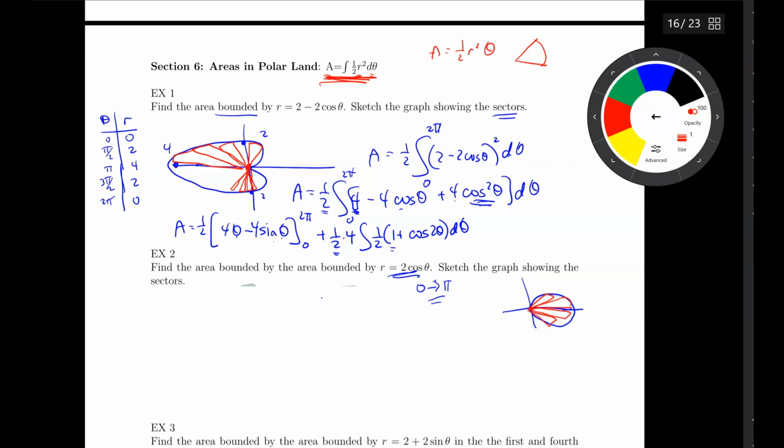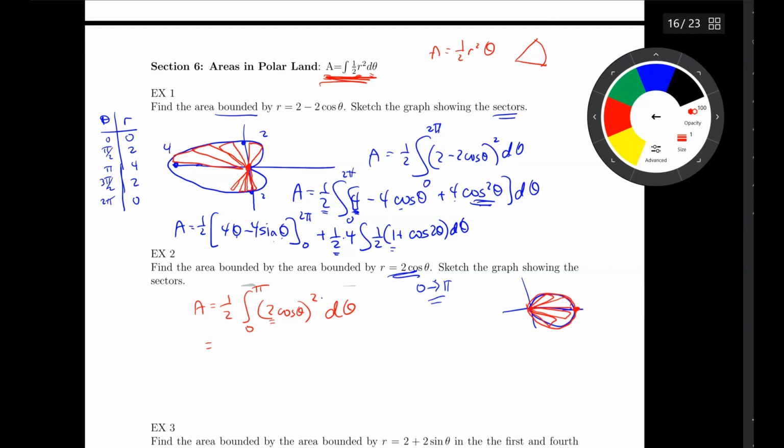So let's be smart about this. So area is 1/2 r squared d theta. So I'm going to put the 2 cosine theta in here. So let's be thinking about these angles. This is the angle 0. This would be the angle pi over 2. And this would be angle pi. So it just is 0 to pi to go around.